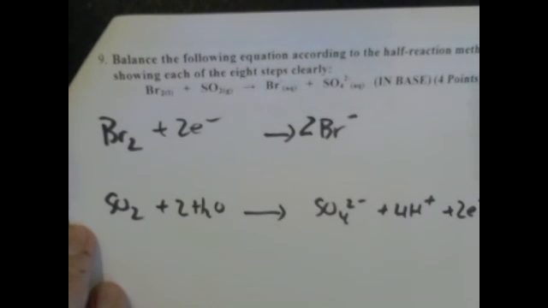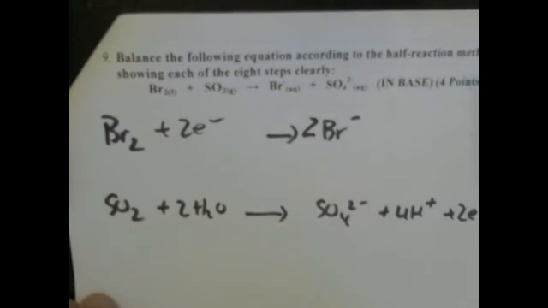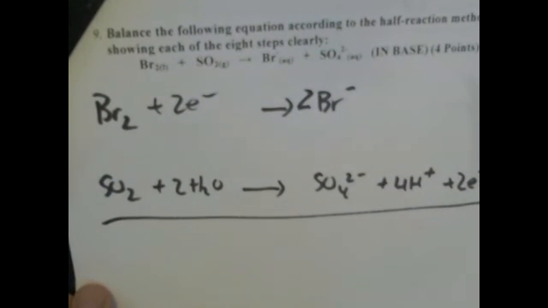And then what I'm going to do is if electrons gained doesn't equal electrons lost, I'm going to multiply one or both by a whole number so that I have equal number of electrons. But that's not needed in this case. So now I'm going to add these 2 together, cancelling where I can. And the first thing I try and cancel are my electrons.